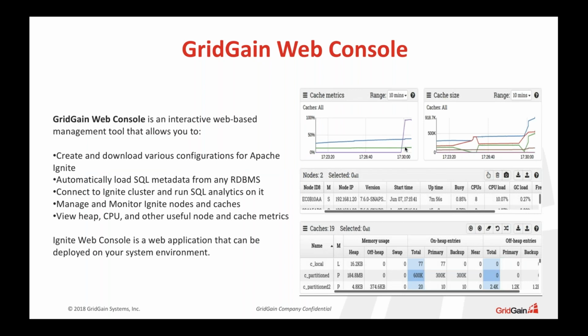It also provides interactive configuration wizards, which help you to create and download configuration files and code snippets for your Apache Ignite or GridGain project. Additionally, the tool allows you to automatically load SQL metadata from any database to run SQL queries in your in-memory cache, as well as view execution plans, in-memory schemas, and streaming charts.